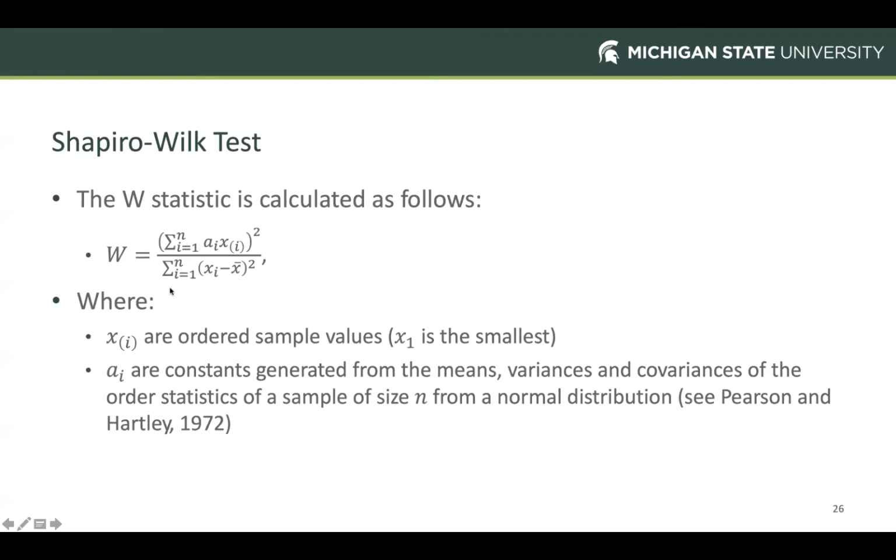And so the Shapiro-Wilk test, the W statistic, is calculated as shown here. So what we basically do, we take all of our samples and we sort them in ascending order from smallest to largest. Okay. And then for those individual observations, we pull some constants that have been generated based upon the means, variances, and covariances for a sample of size n from a normal distribution, okay?